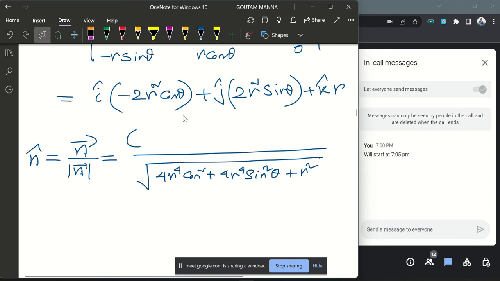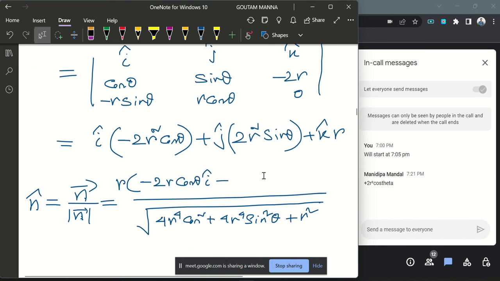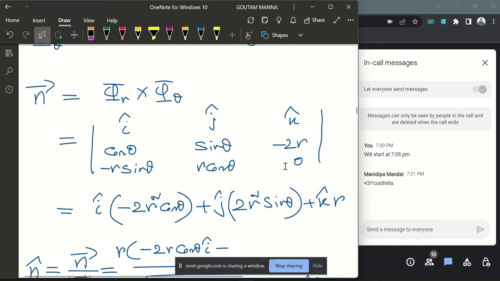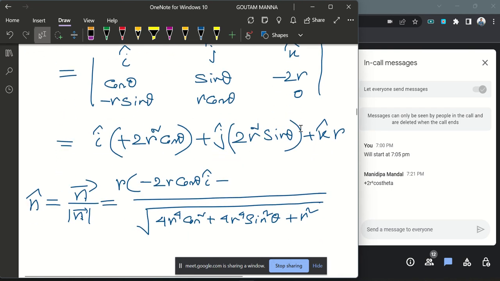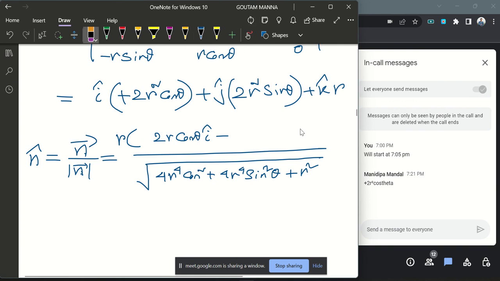If you take r common, then it will be 2r cos theta i hat plus 2r sin theta j hat plus k hat, with r taken outside.